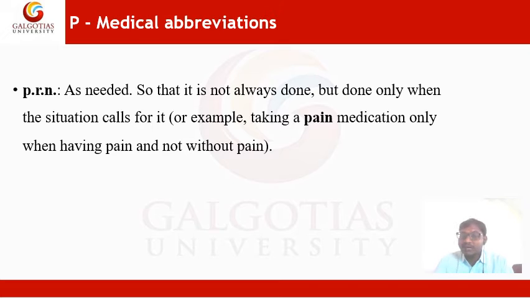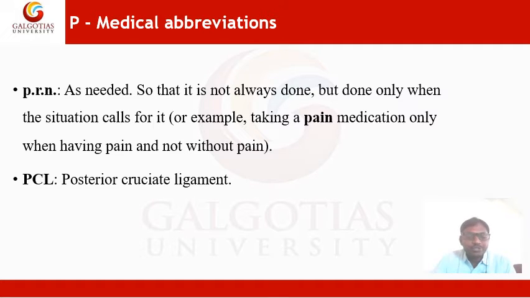When it is required, when it is needed, only at that time we have to use it. For example, the patient having a headache, only at that time you need to take the medicine. Otherwise, it's not possible to continue medicine daily morning, daily afternoon or daily evening. That code is P dot R dot N dot, PRN.